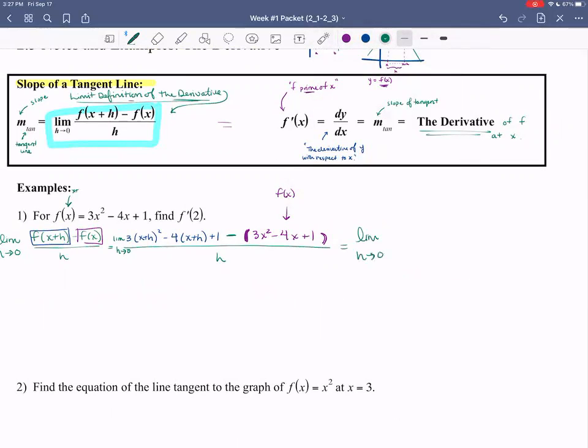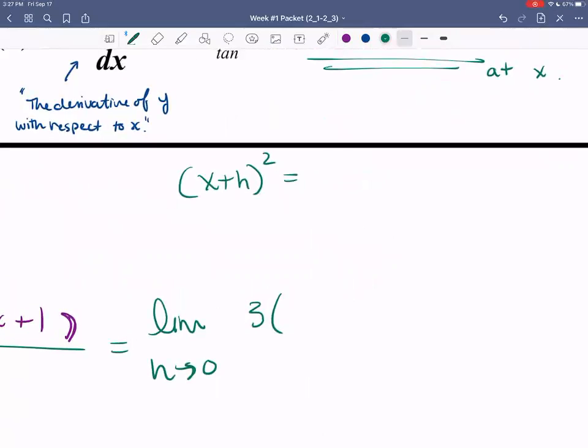So what I'm going to do is bring that negative into each term, multiply out this squared, and go from there. I have 3 times x plus h squared. I'm just going to write that on the side so we're careful of what's happening when we square that binomial. So we get x plus h times x plus h.